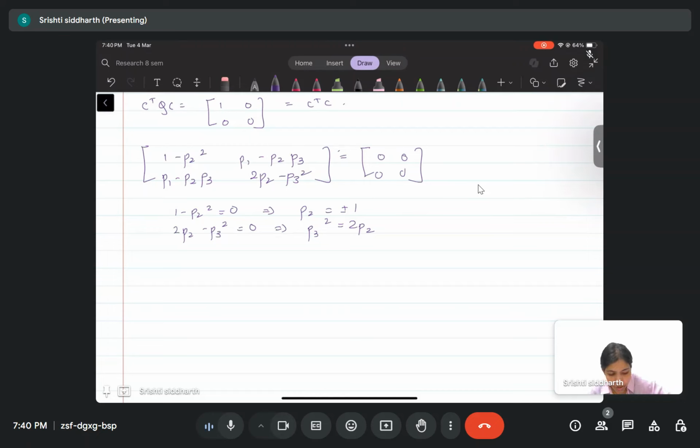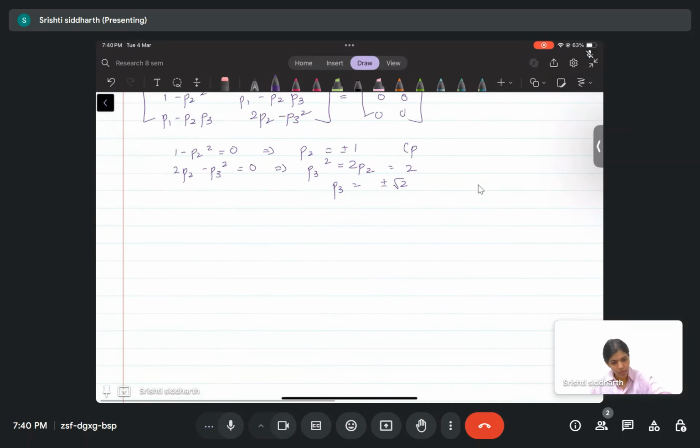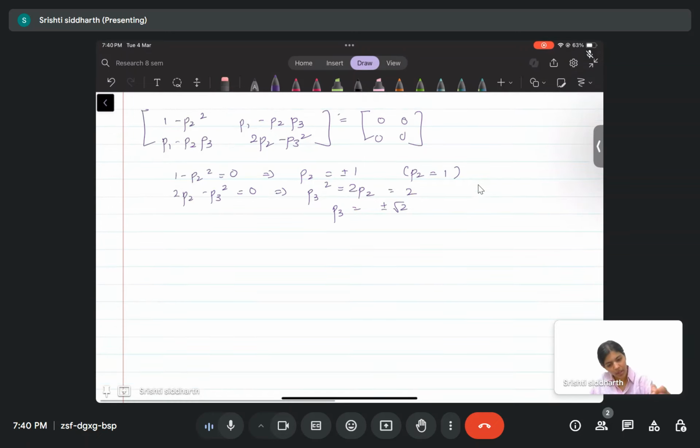So therefore P2 cannot be negative. This is simply 2. P3 can be plus or minus root 2. And then we have the last equation, P1 minus P2 P3 equals 0.